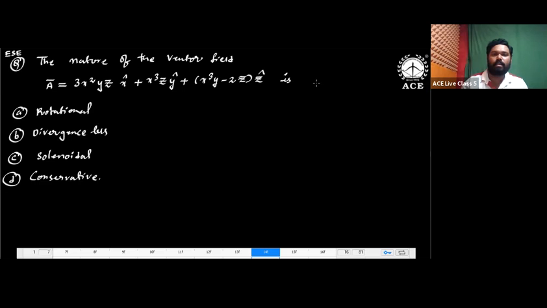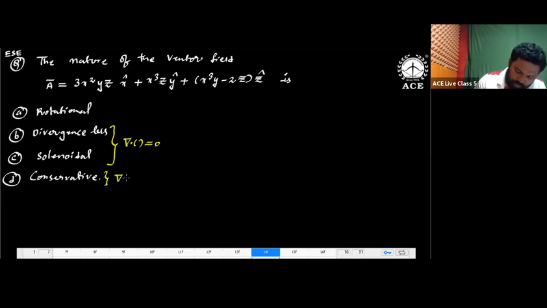See here, you can observe what is the meaning of divergenceless and solenoidal. It is the same: divergence is equal to 0. What is the meaning of conservative? Curl is equal to 0. What is rotational?